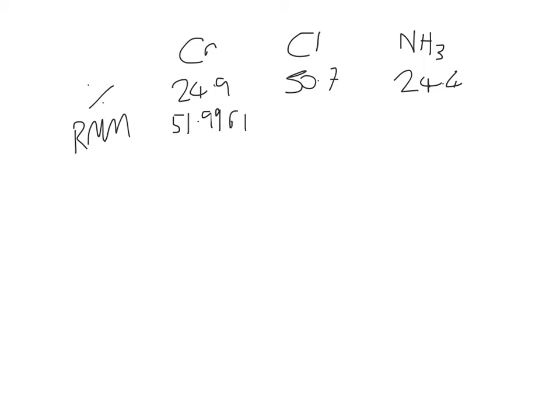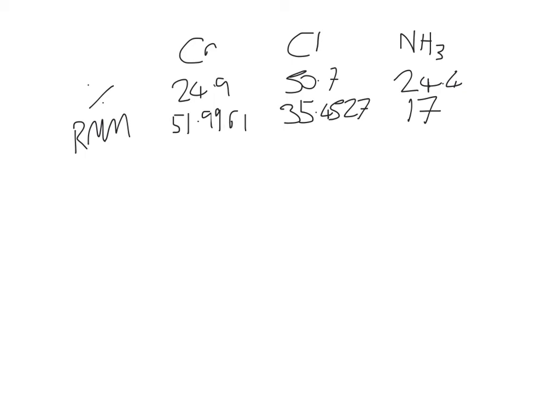Chlorine, whatever could the atomic mass be? I have on my periodic table 35.4527, a balance of those lovely chlorine 35 and 37 isotopes. And ammonia, I'm going to take hydrogen as 1 and nitrogen as 14, so I'm going to call this 17, and neglect those decimal places.